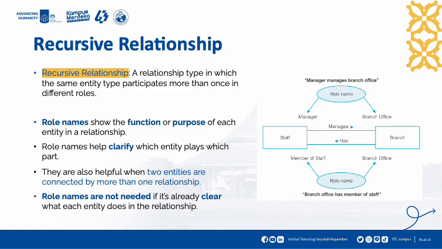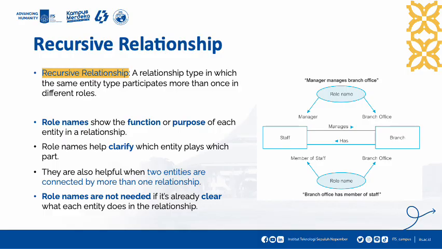So for example, here we have manager manages branch office, and branch office has a member of staff. There's a role name here, manager, above the staff to clarify the role, and the branch is called branch office. That's the role name of the branch.